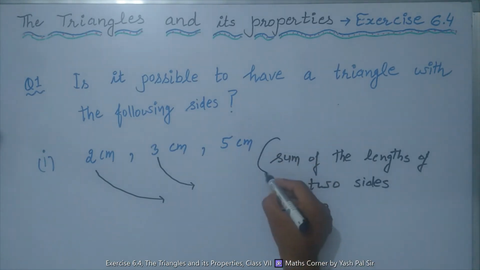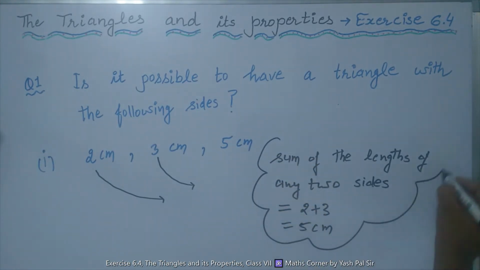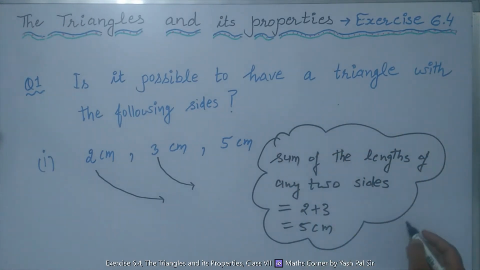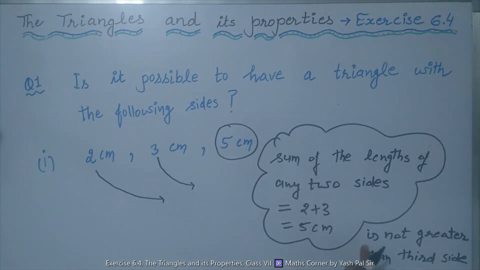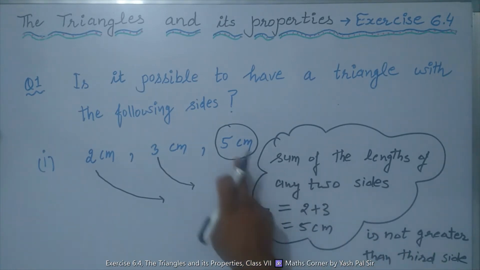Okay, so this sum is not greater than third side, because third side itself is 5. Okay, so this sum should be greater than third side.